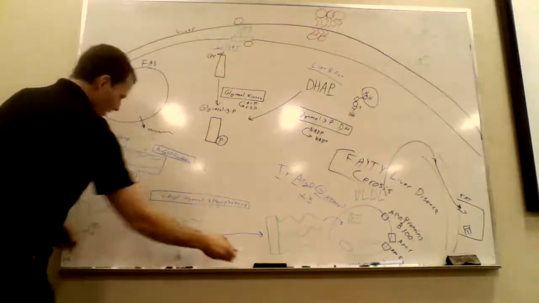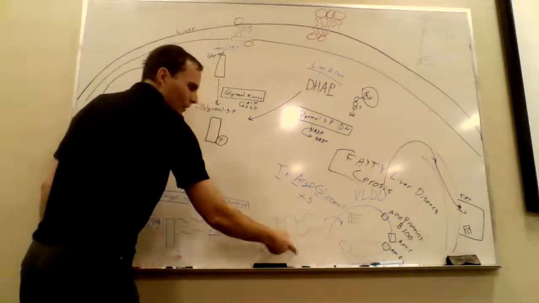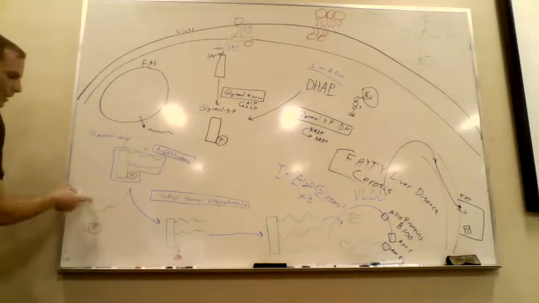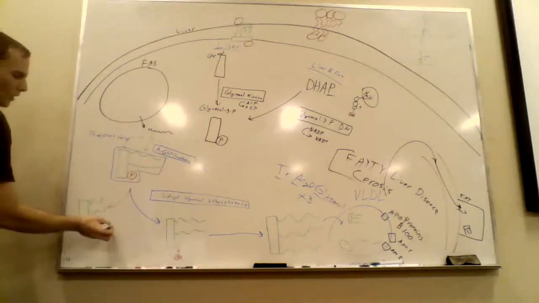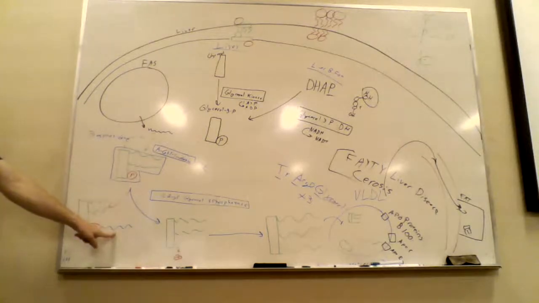Phospholipids, whereas tags will add a saturated fat into the third spot with the phosphate removed, phospholipids will add onto the end of the phosphate, and they'll add typically a specialized fatty acid.